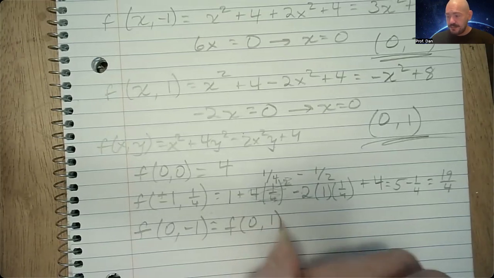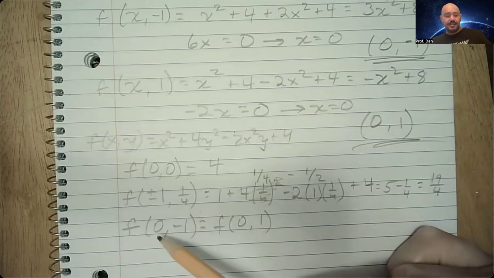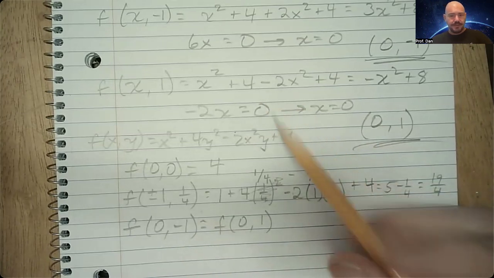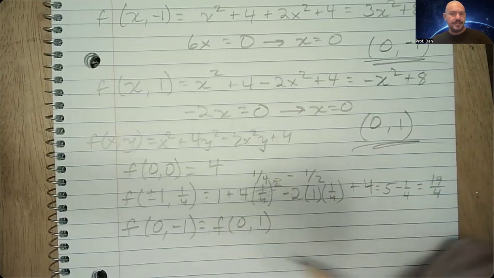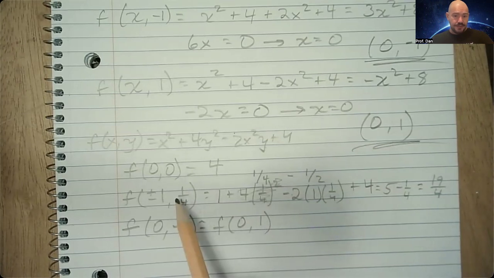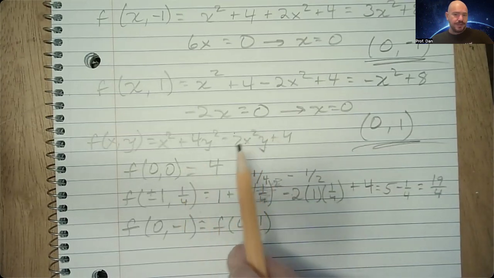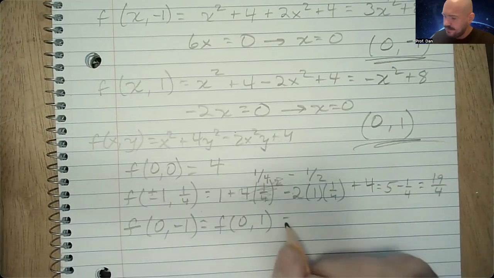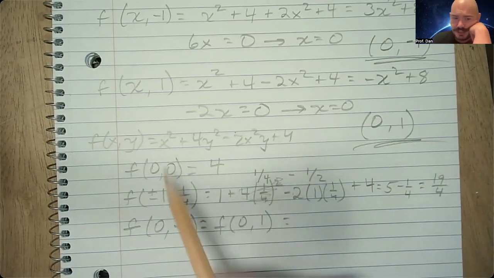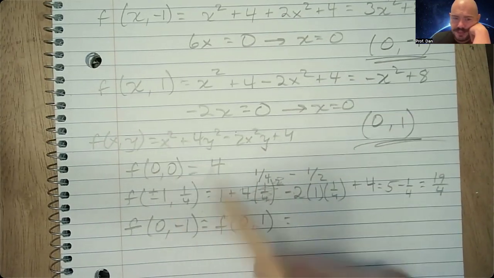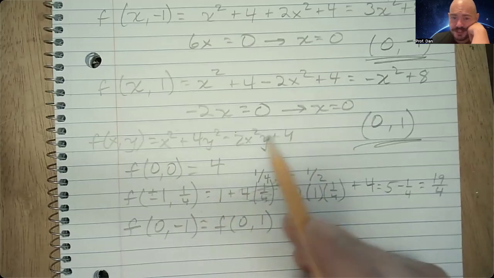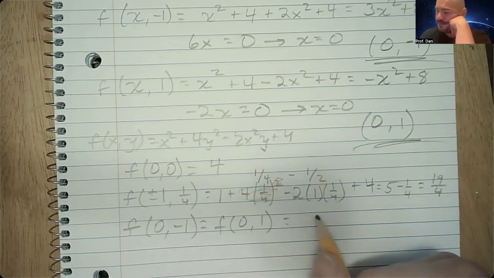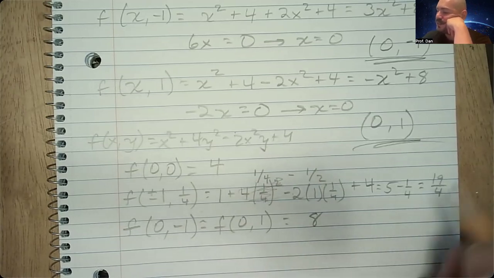I'm not combining them though, because if I had any other value of x besides 0, I would get different z coordinates for these. Whereas with this one, all the x's were squared, so it didn't matter. So anyway, if I plug these numbers in, that's going to be 4, that's going to be 0, that's going to be 4. 4 and 4, I get 8.